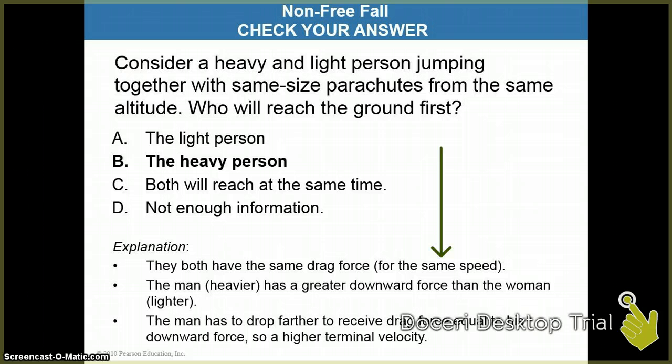Now we have the weight of the woman, which is not quite as great in magnitude as it is for the man. Slightly smaller magnitude. Now we have the force of air resistance.